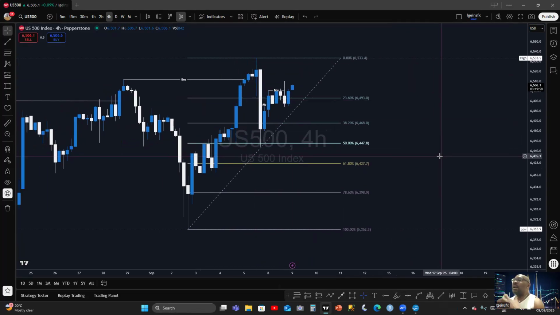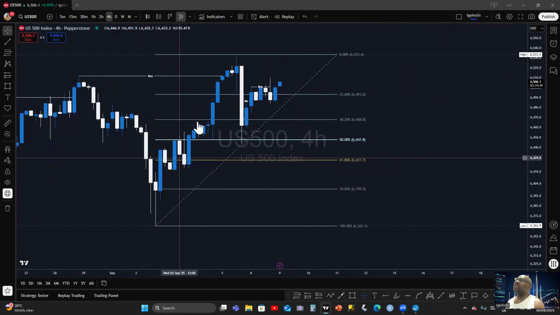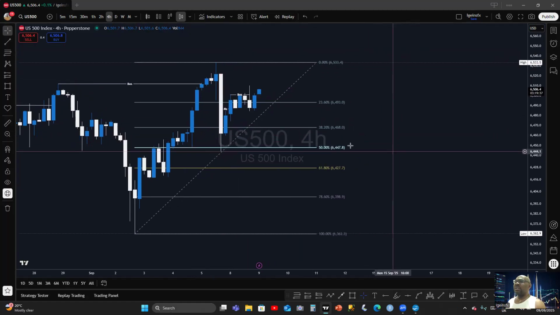When you hear the word pullback or retracement, it is the same thing. In trading, we say pullback when the price that is going up starts to come back. That means a decrease in price. A high price is now decreasing. You understand?